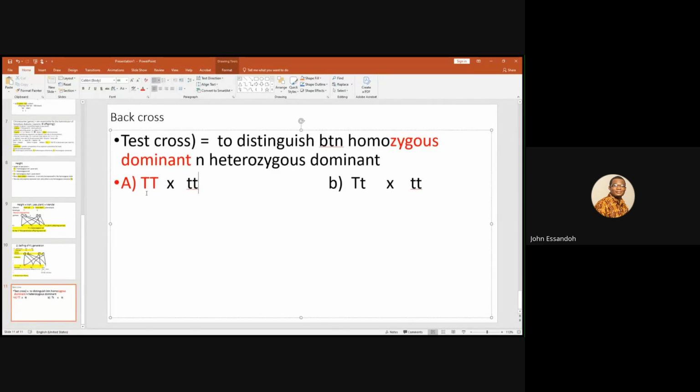This is heterozygous dominant, this is homozygous dominant. You have 2 minutes to do it.